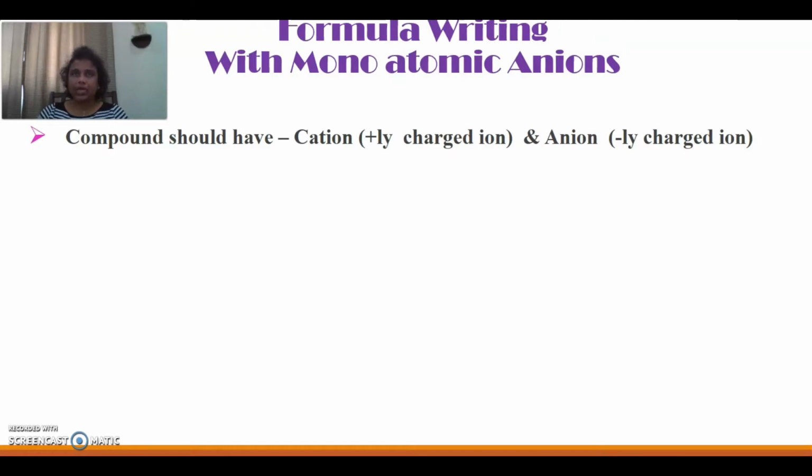Cation is usually a single element, but anion may be one atom or polyatom, like we can say monoatomic or polyatomic. But almost all the time the cation is monoatomic, except one place where we have a polyatomic cation. We call this one the ammonium ion.